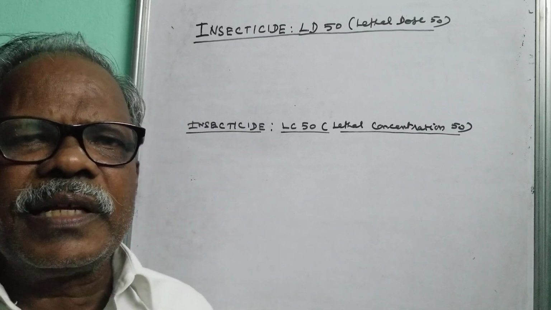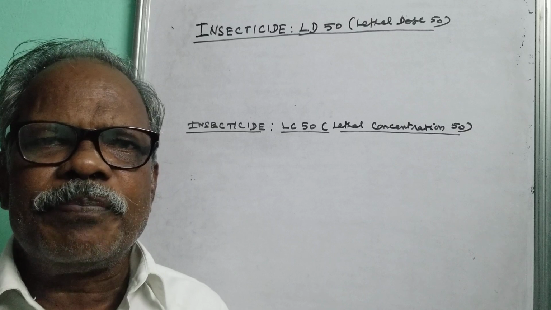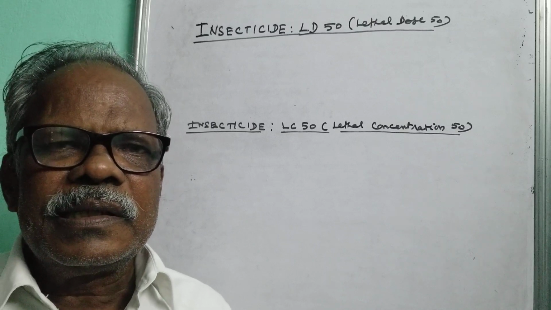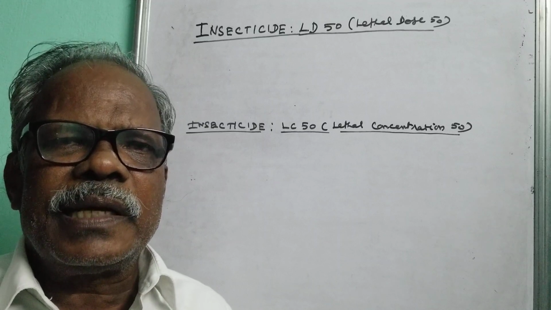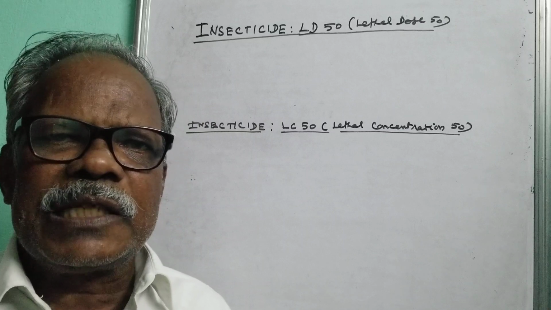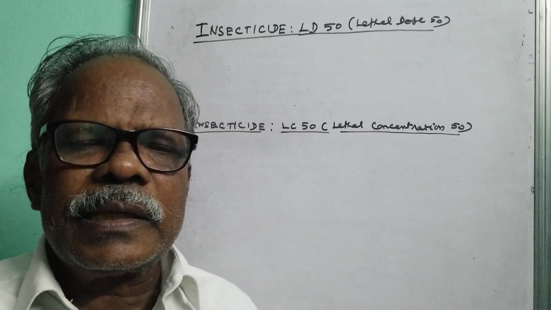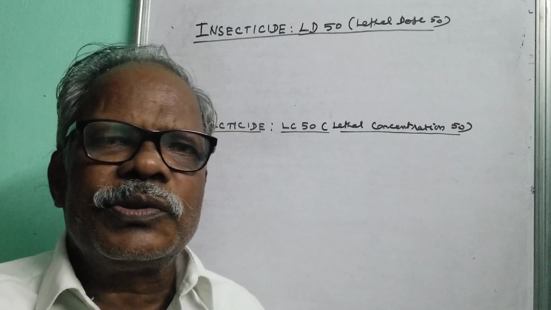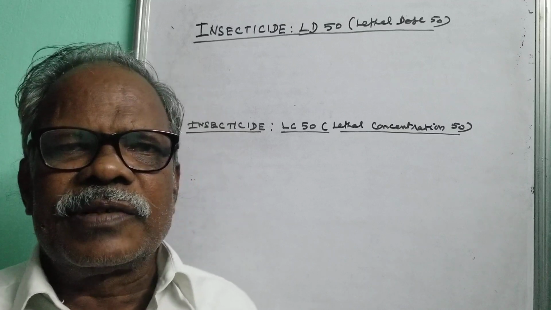So what is meant by LD50? Lethal dose 50 means that lethal means dead. Dose means how much active ingredient. Whenever an insecticide is produced, it has an active ingredient and an inactive ingredient.